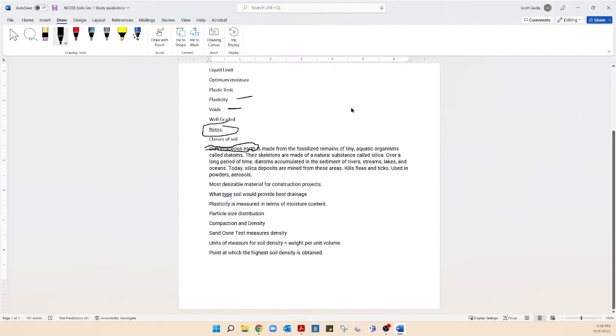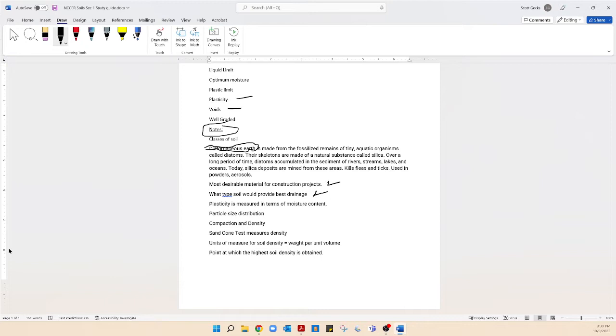Let's go through this. I wrote these down here because I feel like they're pretty much on the test. Desirable material for construction projects: it's going to be well graded or gravels or something like that. Types of soil that will provide best drainage: the larger particles, like coarse grain soils.